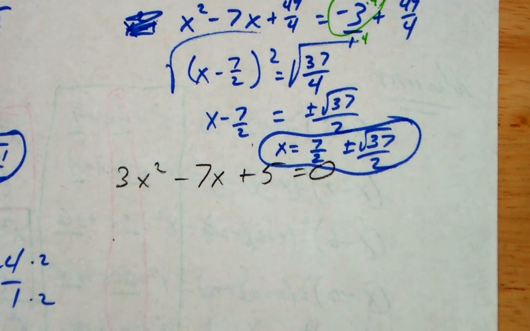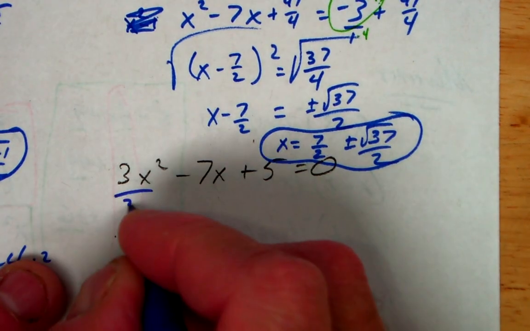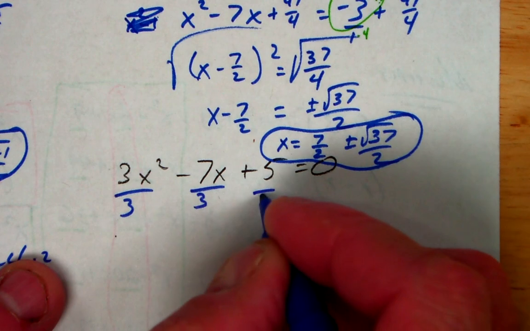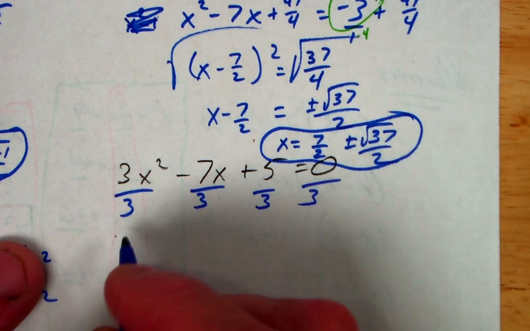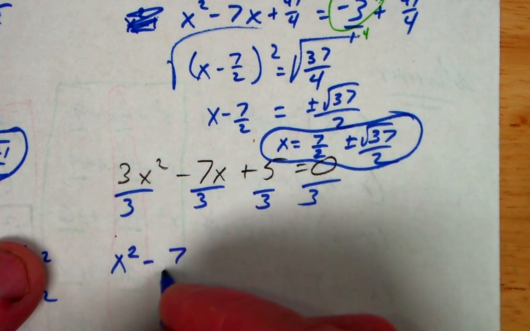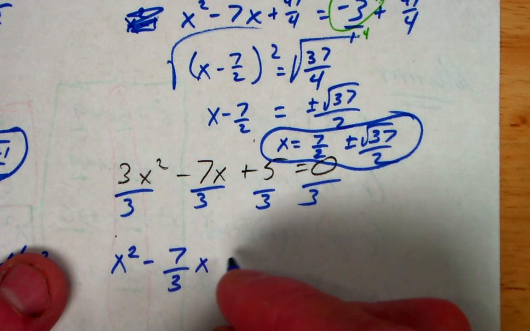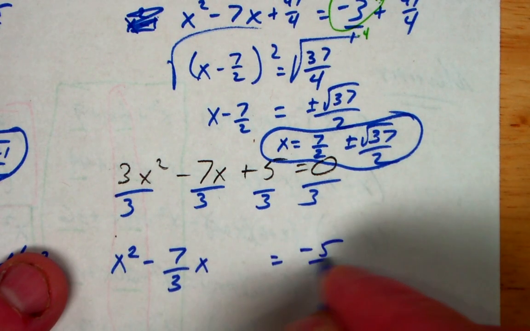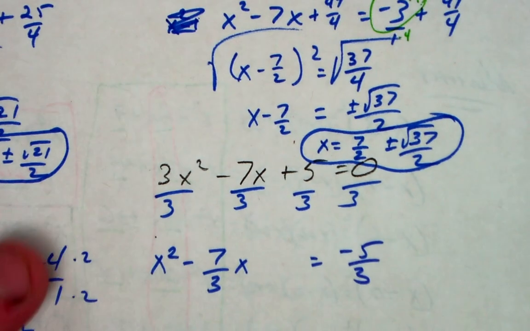This next one. Woo! What do I got to do first? Divide by 3. Nice job. X squared minus 7/3 x equals negative 5/3. Yeah, I moved it over.